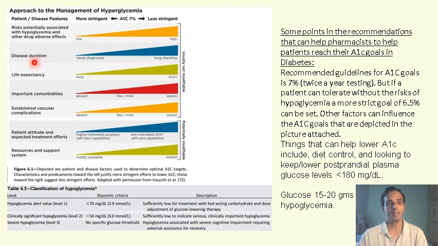If it's newly diagnosed diabetes, they would go to the most stringent A1C target of 7, depending on their risk for hypoglycemia. If a person can tolerate it without hypoglycemia, an A1C goal of 6.5 can be set.